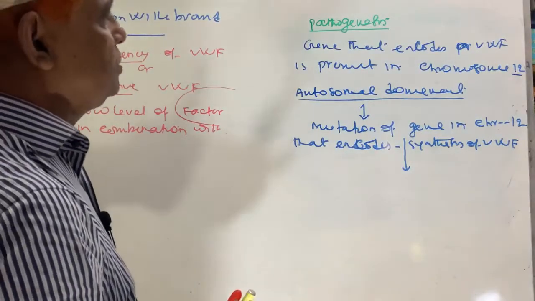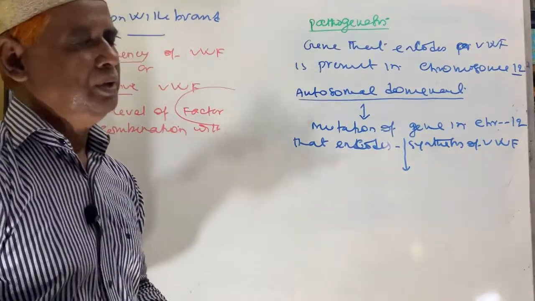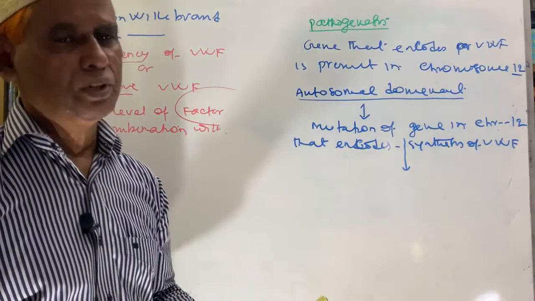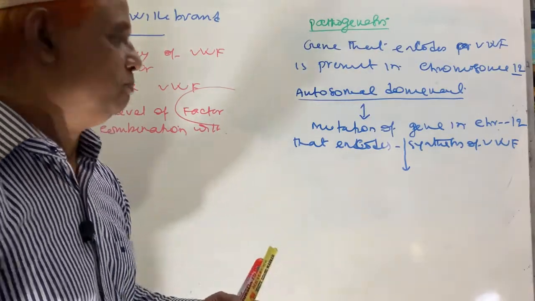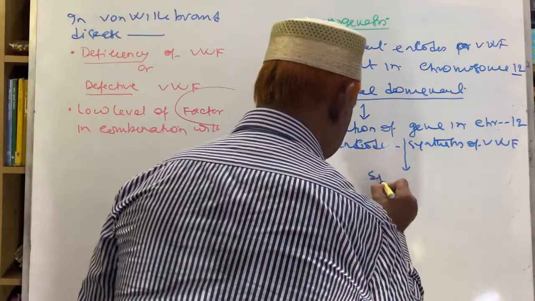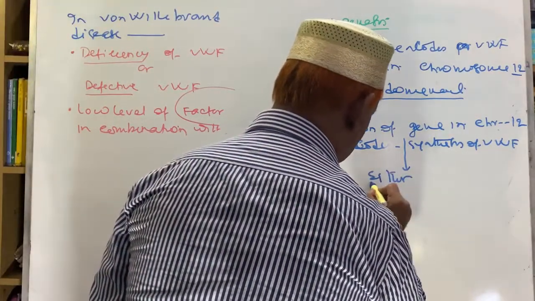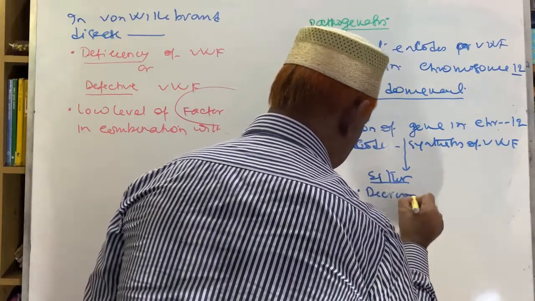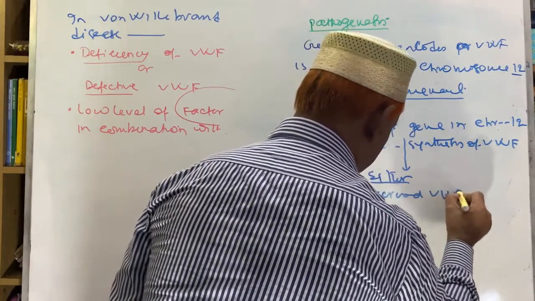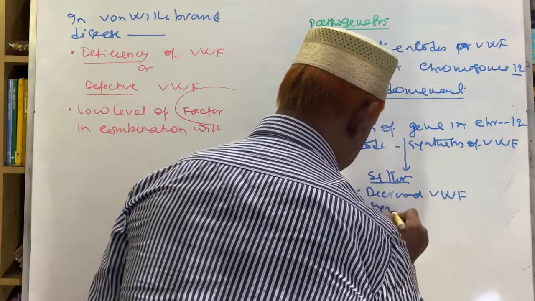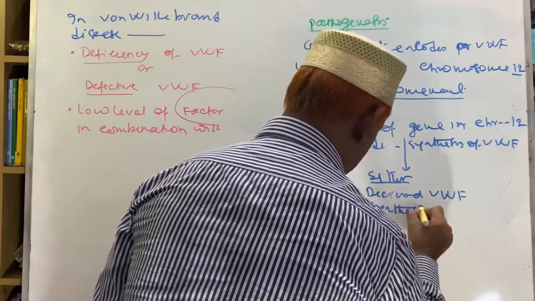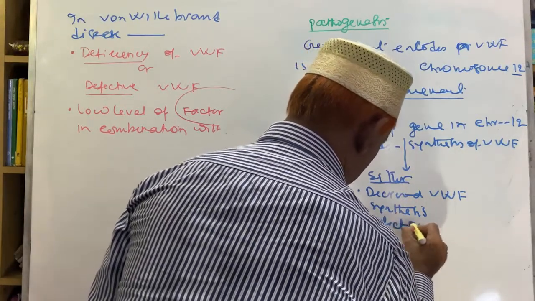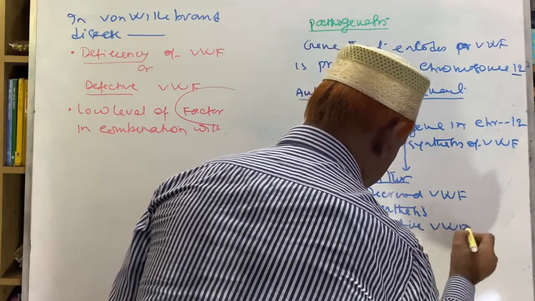Due to mutation of this gene, either there is decreased synthesis of factor or sufficient synthesis of factor, but the factor is defective. What happens? Either decreased von Willebrand factor synthesis or defective von Willebrand factor synthesis.